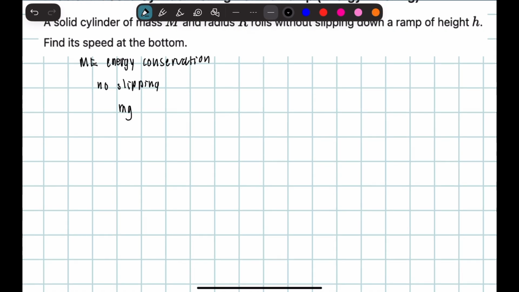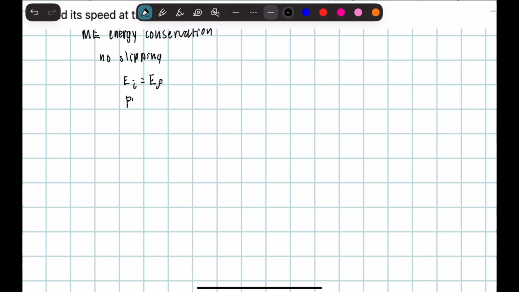You can write that energy initial is equal to energy final. In the beginning you only have potential energy, and in the end you have kinetic energy, more specifically, translational kinetic energy plus rotational kinetic energy.